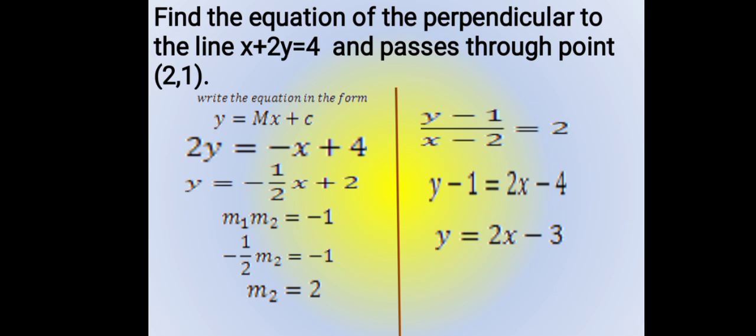We know that change in y over change in x is the gradient of the line. So we have the gradient. We shall say there's a change in y and x. So y minus 1 all over x minus 2 should equal our gradient 2. Cross multiplying, we get our line is y equals 2x minus 3.